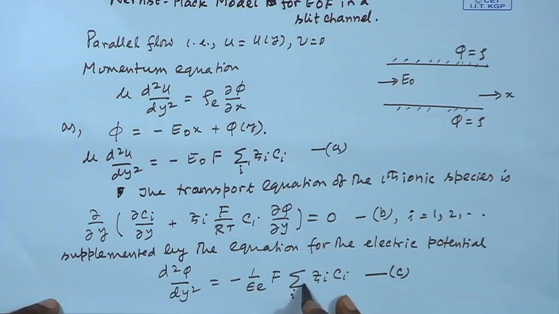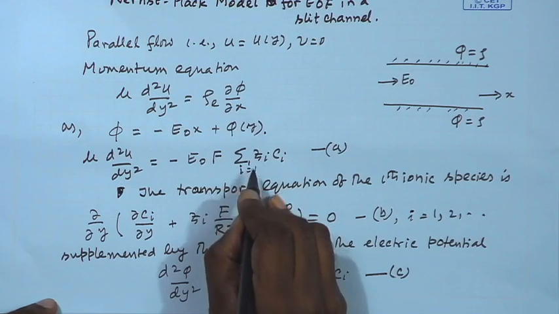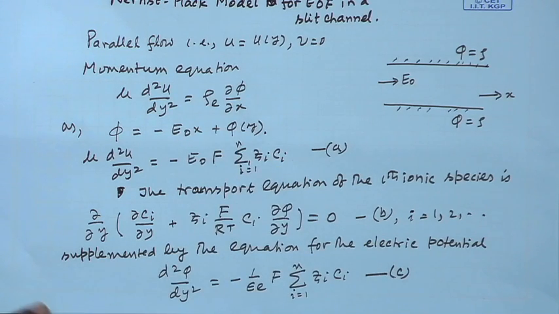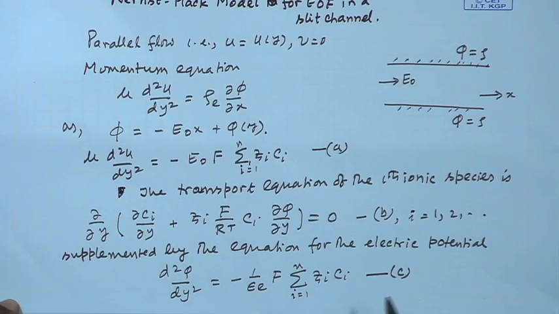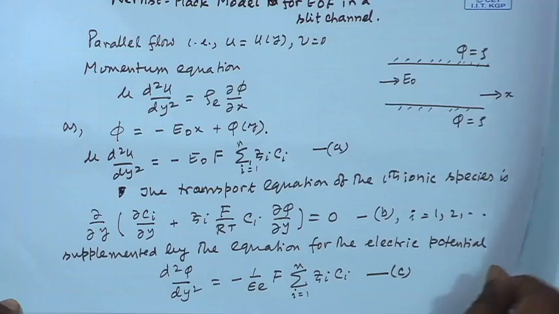If you are not imposing that kind of assumption, so any kind of situation, say i equal to 1 to n, so you have a situation like this way. So these are the equations A, B, C. These equations are for a number of ionic species. So they are coupled. We can't solve it individually; one solution is depending on the other.